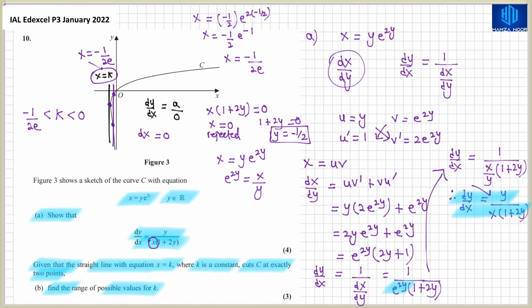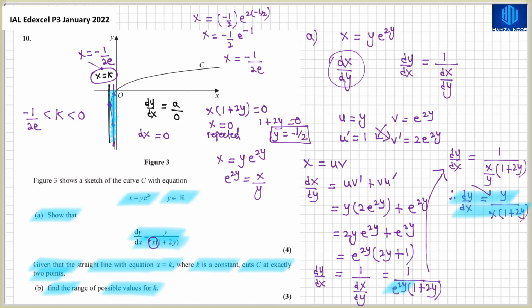And when k is equal to 0, so x is equal to 0, this y-axis will also have only one point of intersection. So we are interested in exactly 2 points of intersection. So this essentially means that k must lie in this region, which I am shading.